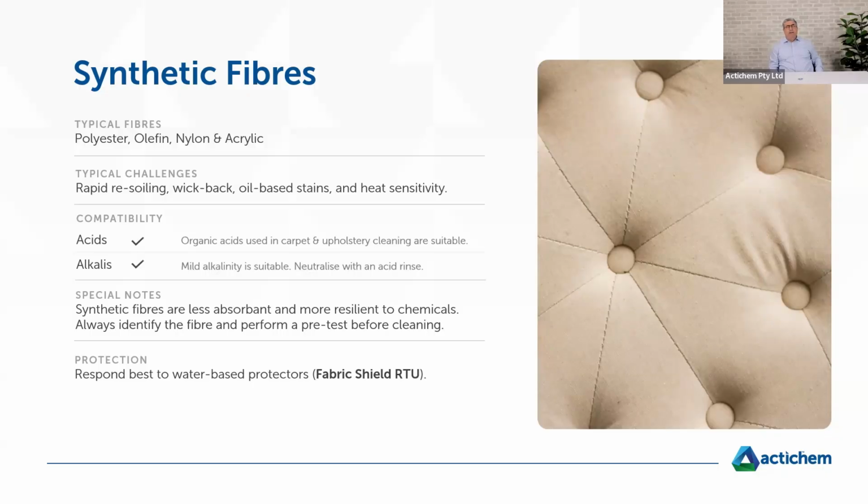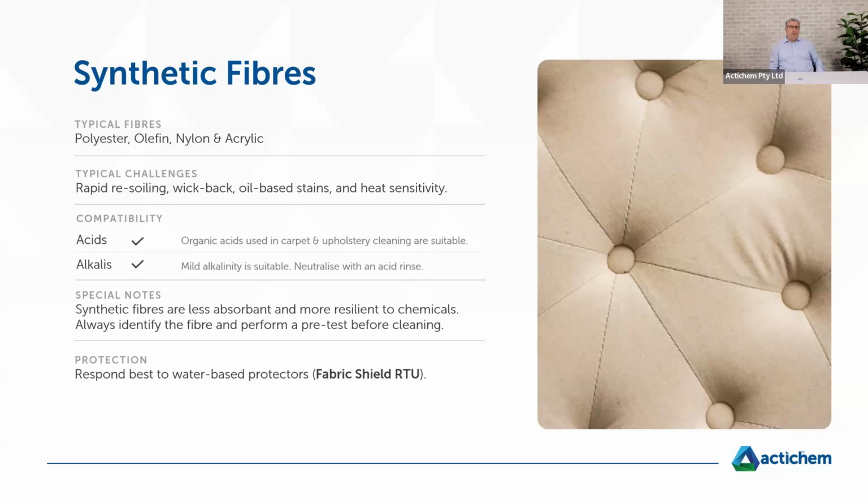However, there are still some unstable dyes in synthetic fibers, especially those with acid dyes. So always make sure that you pre-test. In terms of protection, which I should have mentioned on the previous slide, with synthetic fibers, the water-based Fabric Shield RTU is the way to go.